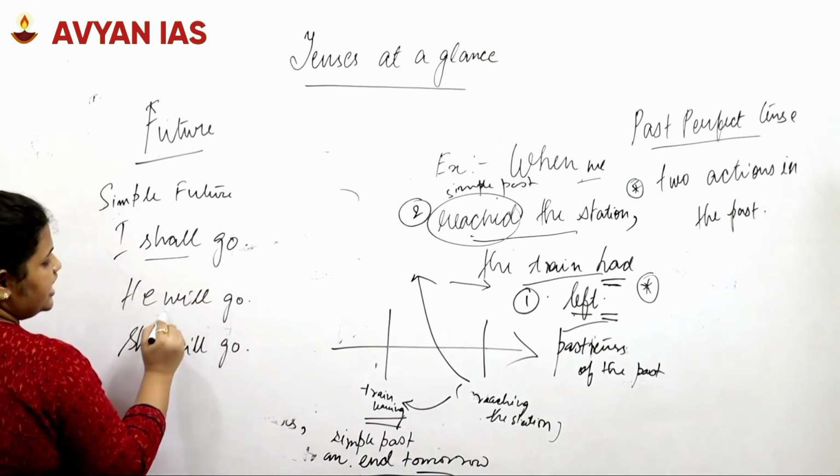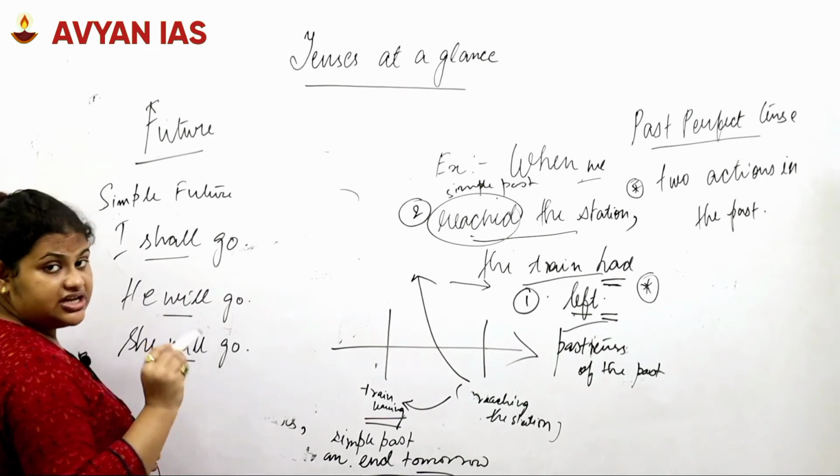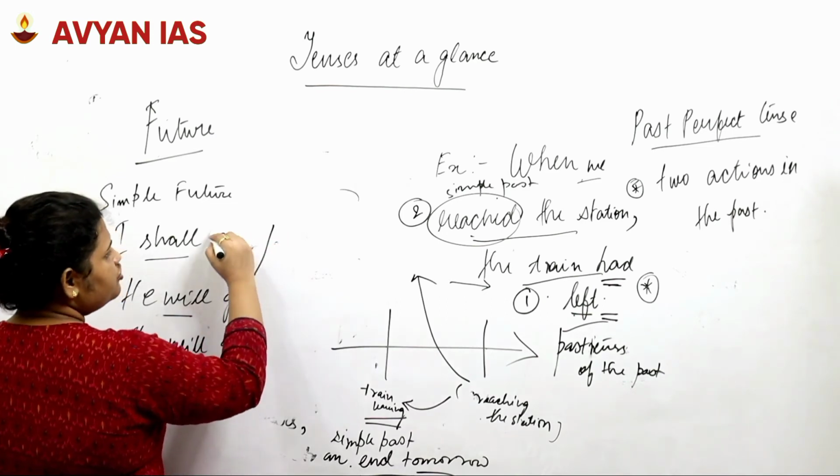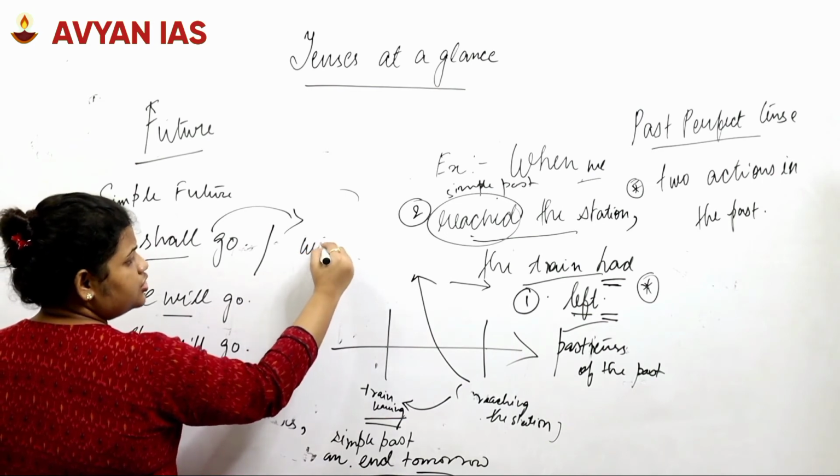Regarding the usage of shall and will, there are sometimes doubts whether we should use a shall or a will. The traditional rules of grammar say that we should use a shall for the first person, and the rest, the second and third person, could go with a will. But since we are moving towards a more uniform structure of grammar, and as we all know that language keeps on changing after a certain point of time, we can also replace this shall with will.